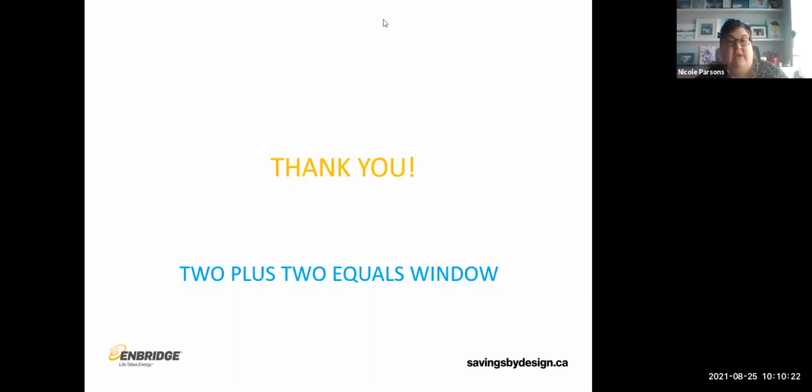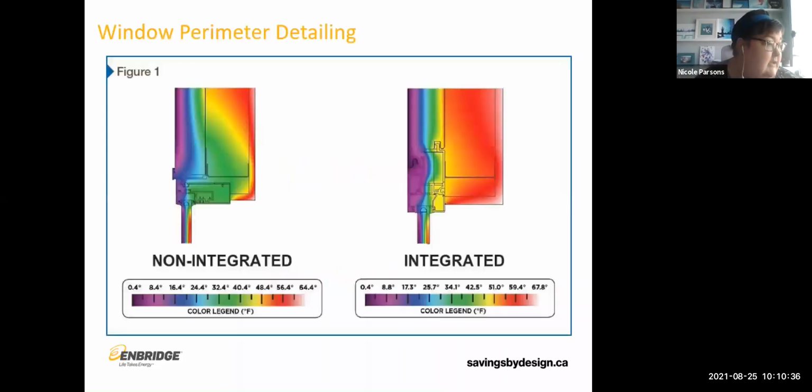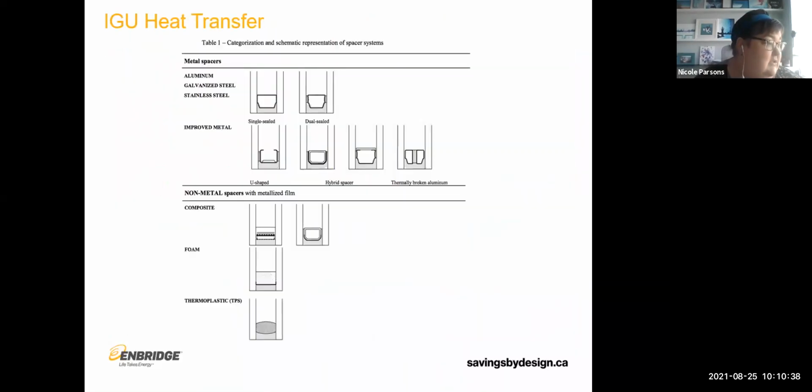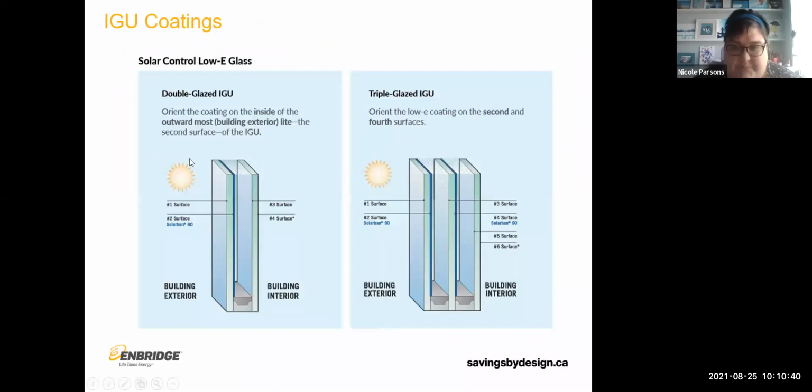So for windows specifically, there's a few different possible errors. The most basic one is installation of the glass backwards. If I go back to this slide, you can see that these coatings are on, if you have a 2-pane piece of glass, the coating is on the inside surface of the outside piece of glass.